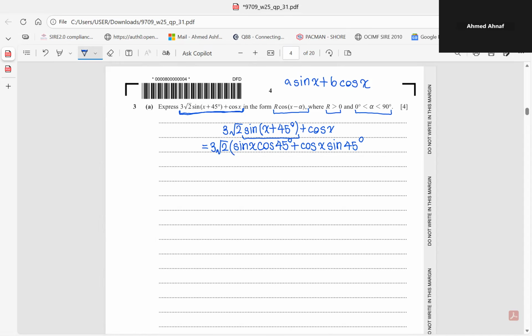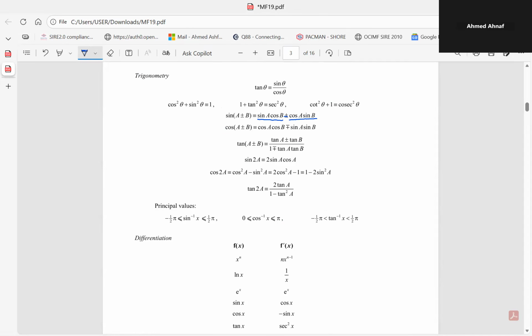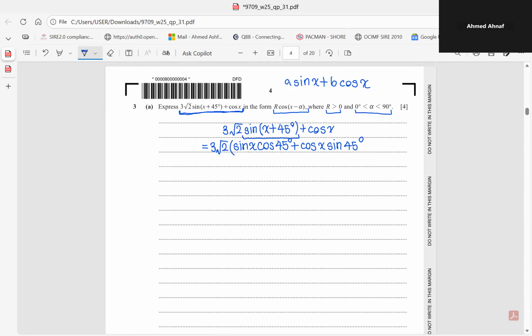Okay, let me double check. Yes, sine A cos B, cos A sine B. Okay, so we got the correct expression, plus cosine X.